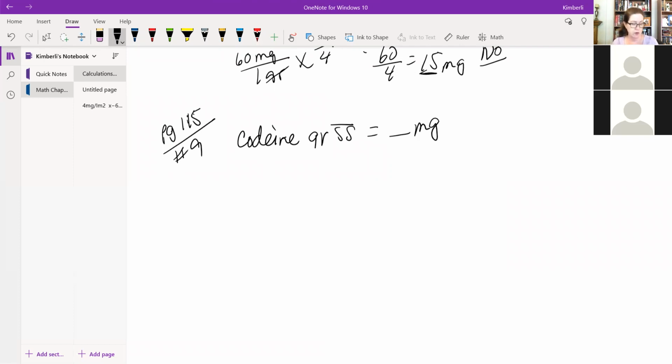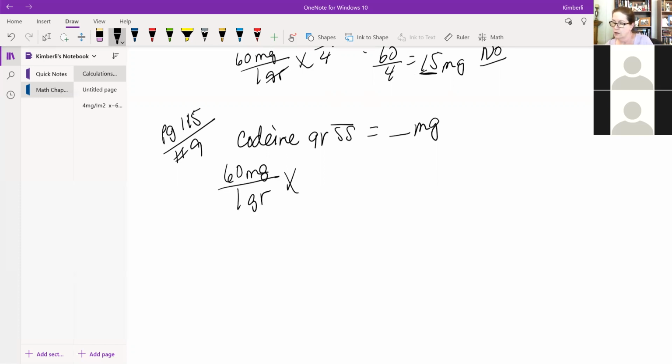Or you could go to page 107 and it shows you codeine, and then it tells you what conversion factor to use. 30, correct? Yes. So it tells you to use 60 milligrams per grain for codeine. So 60 milligrams in 1 grain.